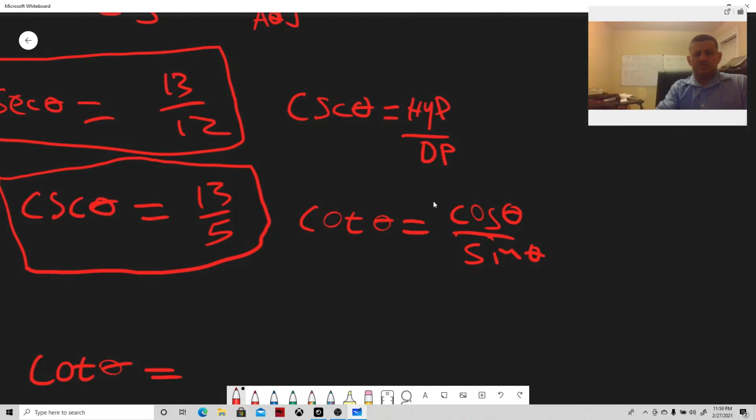Sine over cosine, or cotangent of theta is equal to adjacent over the hypotenuse. No, it's not.